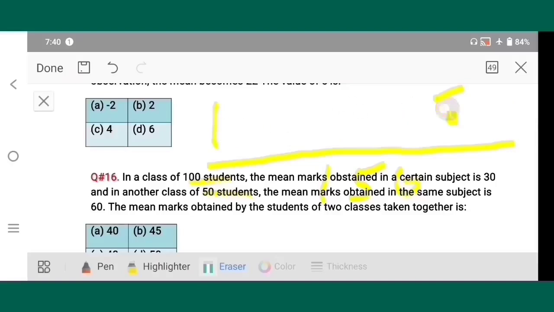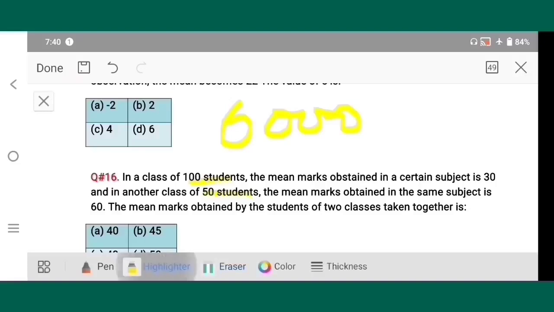So it gives 6000. So 0 and 0 will be cancelled out, and this will be equal to 40. So our correct option is 40.